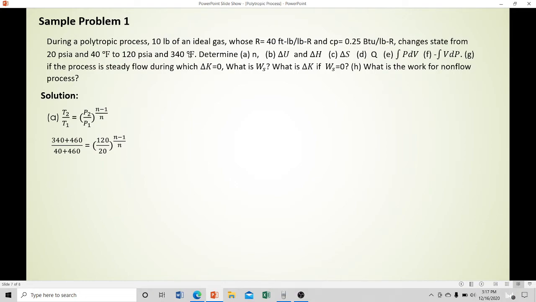For the final temperature we have 340 degrees Fahrenheit, and for your initial temperature, we have 40 degrees Fahrenheit.